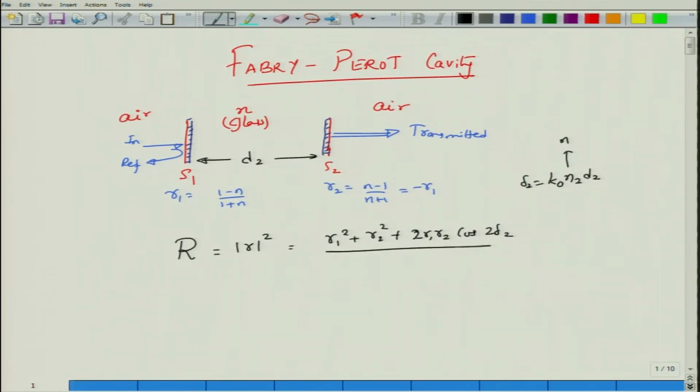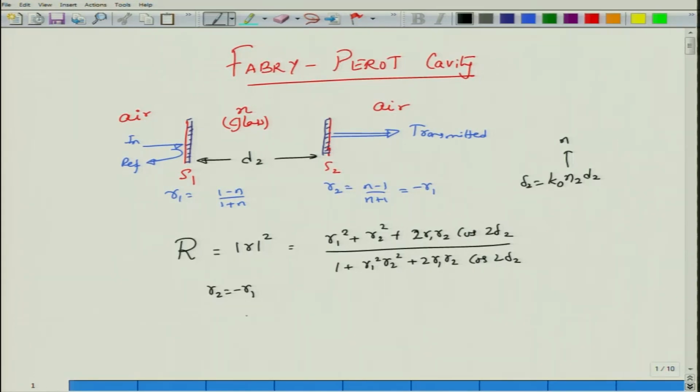In the denominator you have 1 plus R1 square R2 square plus 2 R1 R2 cos 2 delta 2. We have so far not made any assumption on D2, we will do so shortly. But look at this: since R2 is equal to minus R1, you can substitute for this value of R2 in this expression and then simplify the expression.